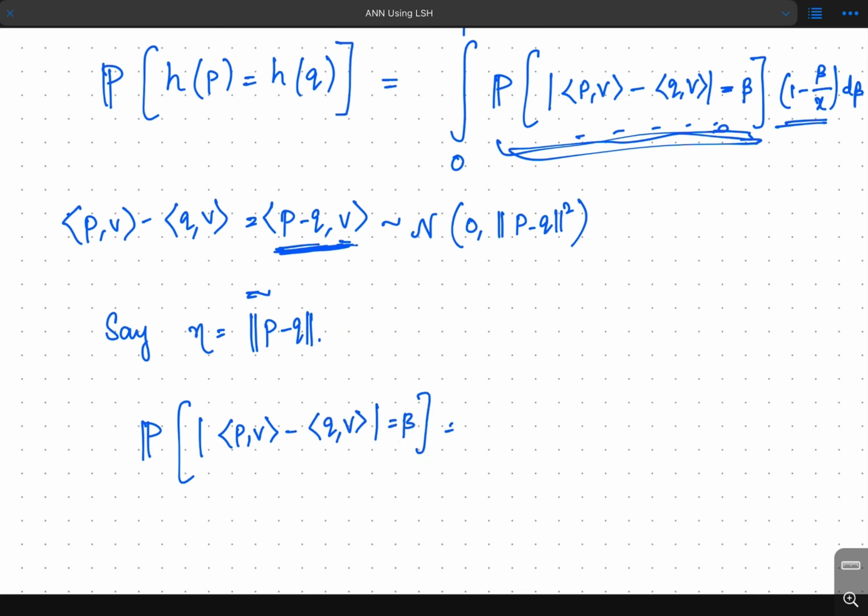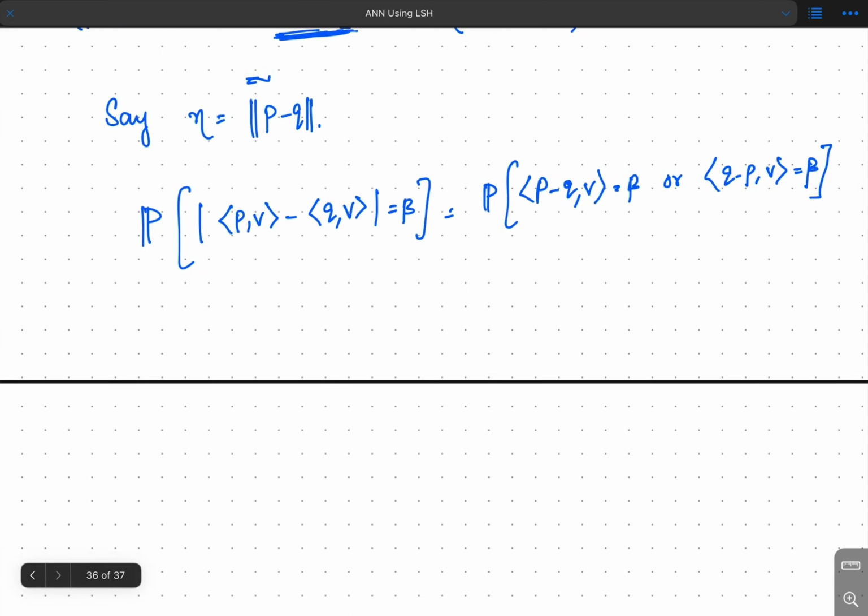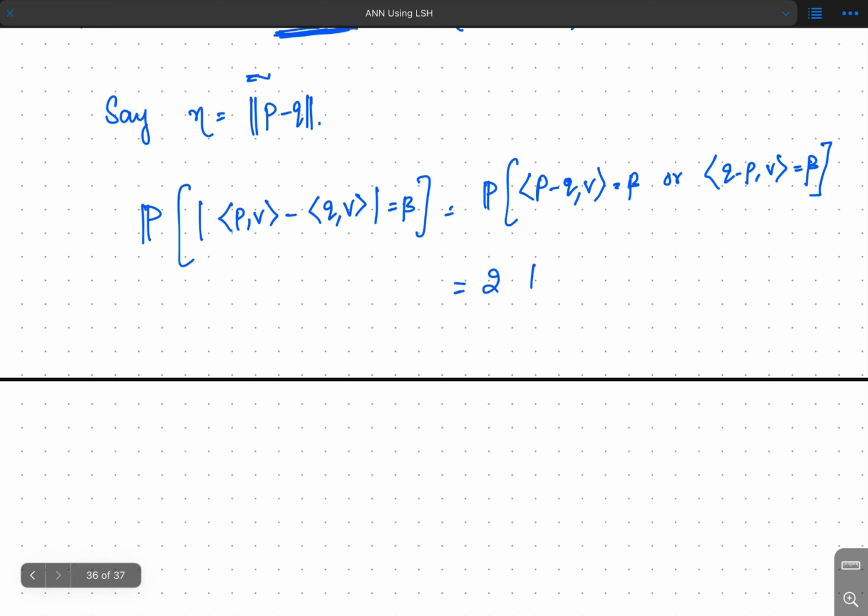So that will be the probability of <P minus Q, V> is equal to beta, or <Q minus P, V> is equal to beta. So this will be equal to 2 times the probability of <P minus Q, V> is equal to beta.